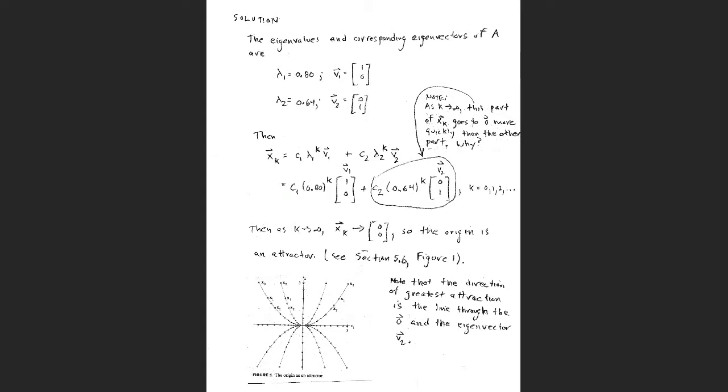Okay, so for this trajectory here on the right, what is the initial vector here? What coordinates appear to be for that initial vector?